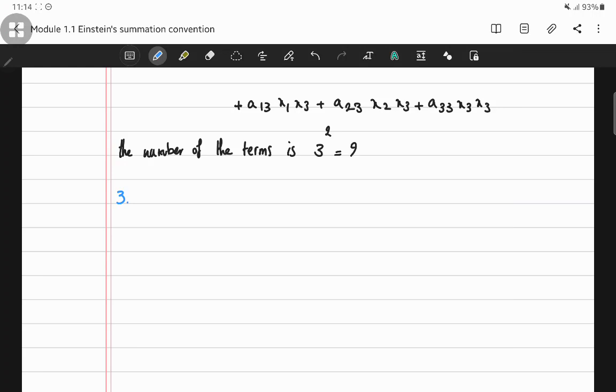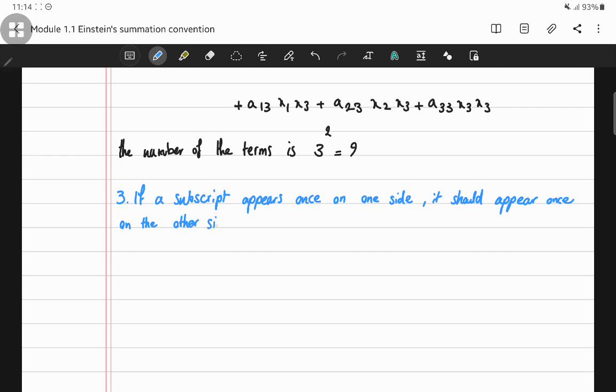So the third agreement: if a subscript appears once on one side, it should appear once on the other side. And this is, of course, a free index.